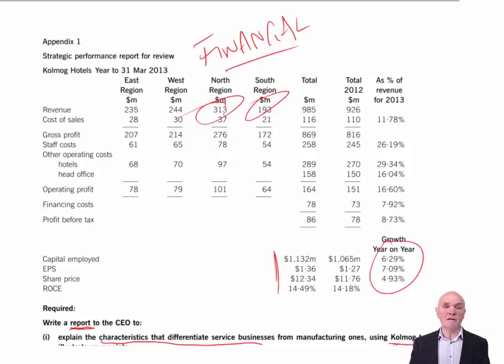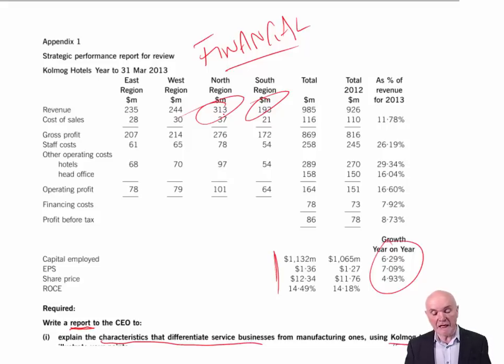So just saying that the northern region is better because it has the highest revenue makes no sense. This simply may be where most of the hotels are concentrated, maybe for historical reasons. So unless we have some feeling of performance per hotel, or some way of scaling it, it's going to be very difficult.